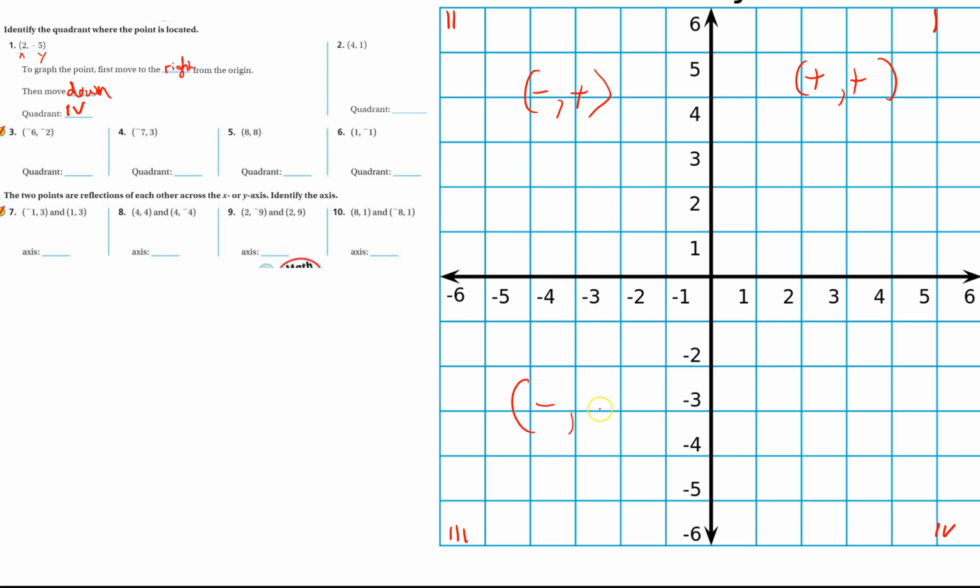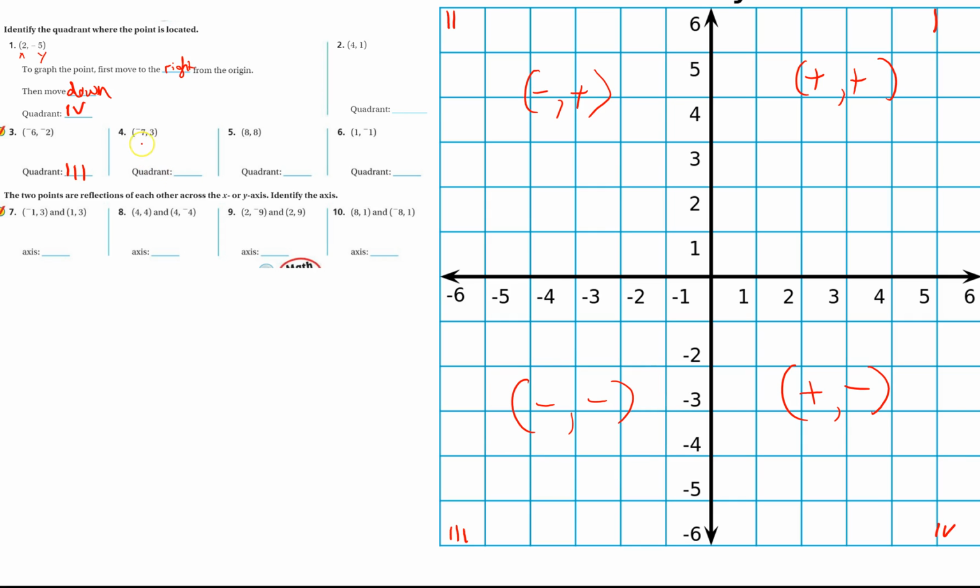So negative and negative. Quadrant 4 is going to be positive and negative because you got to move to the right on the x-axis first and then down to get to this quadrant. So here we have -6, -2. Well, quadrant 3 is the negatives, so that's going to be quadrant 3.